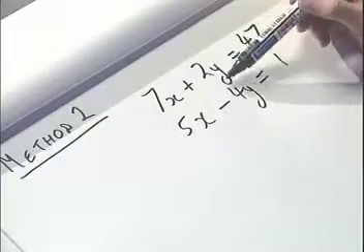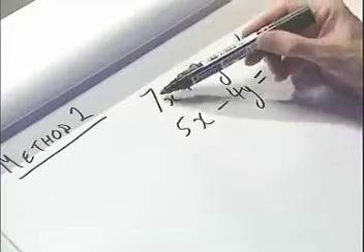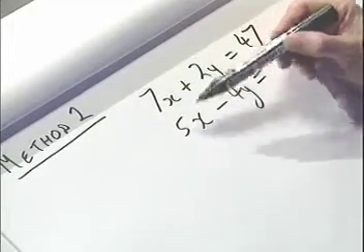Okay, method of elimination. What do we do? What we do is we seek to make the coefficients in front of the y's or in front of the x's the same.